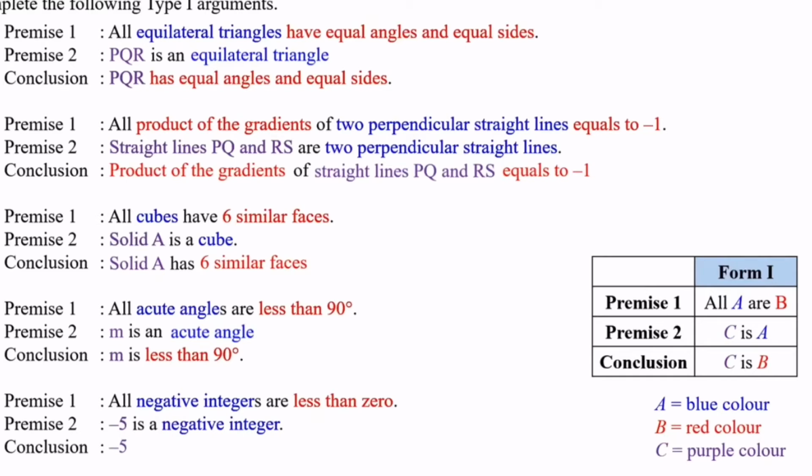Now -5 is purple color, and we'll pair up with statement B, which is in red color. Then you will solve the conclusion. After you go through the example, you will have a very clear impression of how to solve math reasoning. So let's complete our conclusion for the last one before we go to the next form of argument.